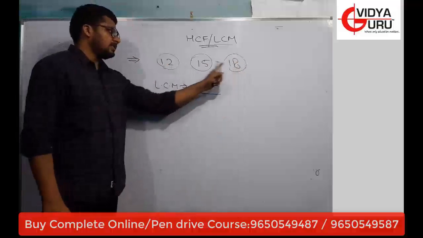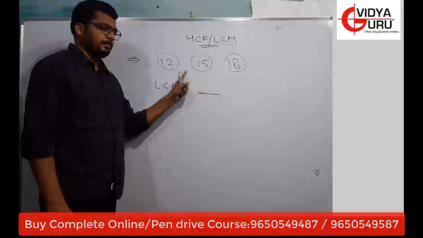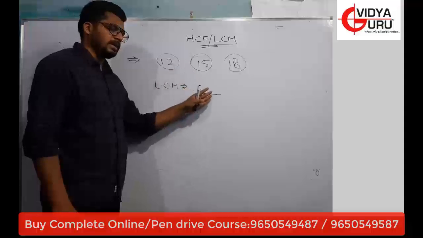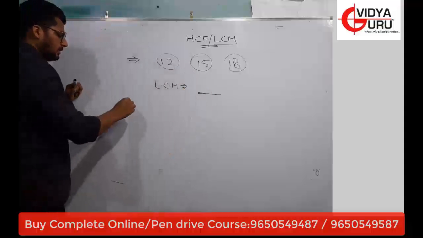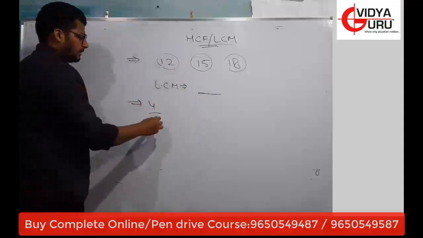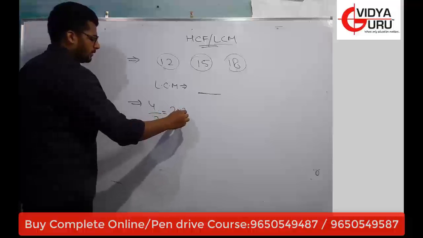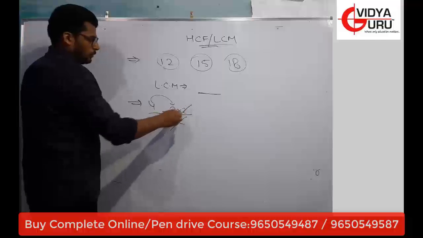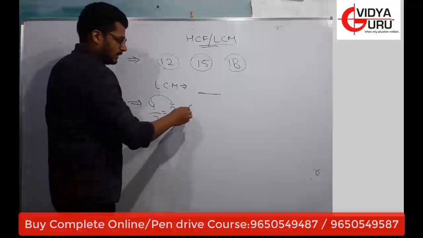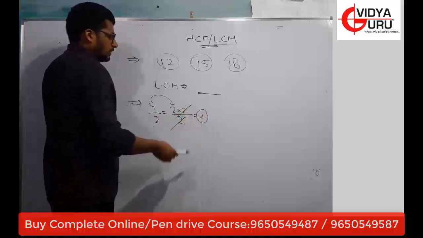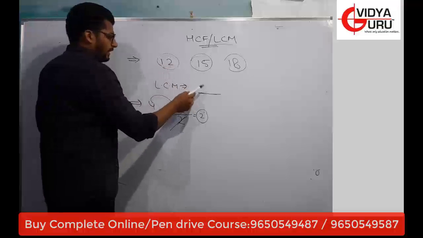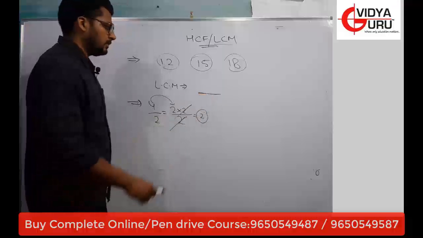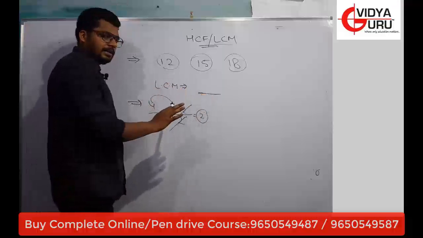If each of these numbers divides this number, each of its factors should be present in this number. What I mean to say is, 4 is divisible by 2 only because in 4 there are two 2s, one 2 is cancelled out and a 2 is left. So if a number divides a number, that factor should be present in the LCM.